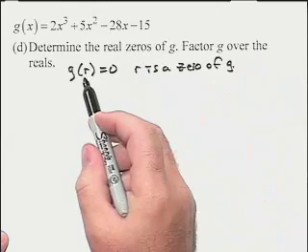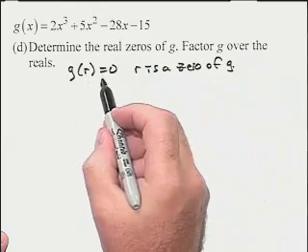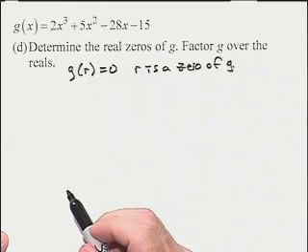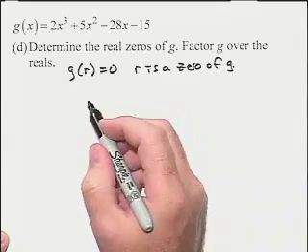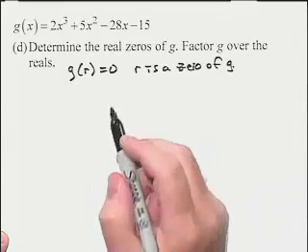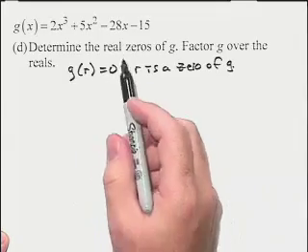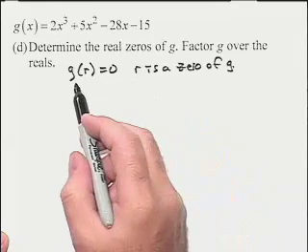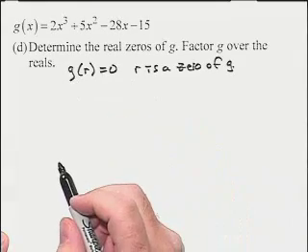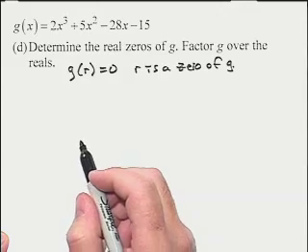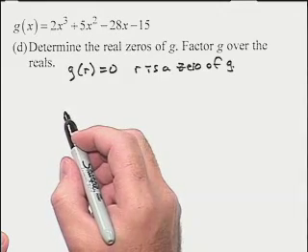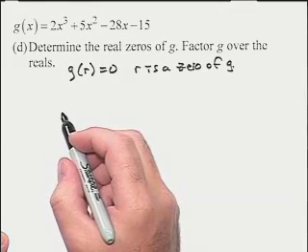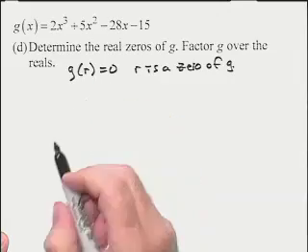So we're looking for values of r that will make our function equal to 0. If we get g of r equal to 0, we can use long division to reduce our polynomial and then start again on the reduced polynomial. We made, in part C, a list of potential rational zeros, so we can start with that list and look for some integers that might give us g equal to 0.